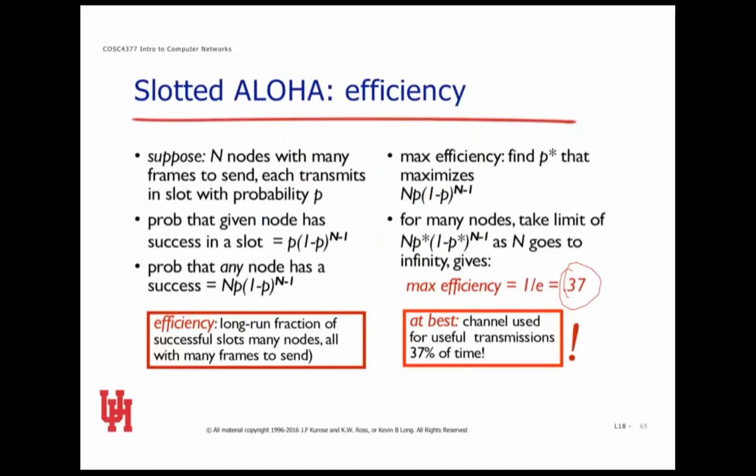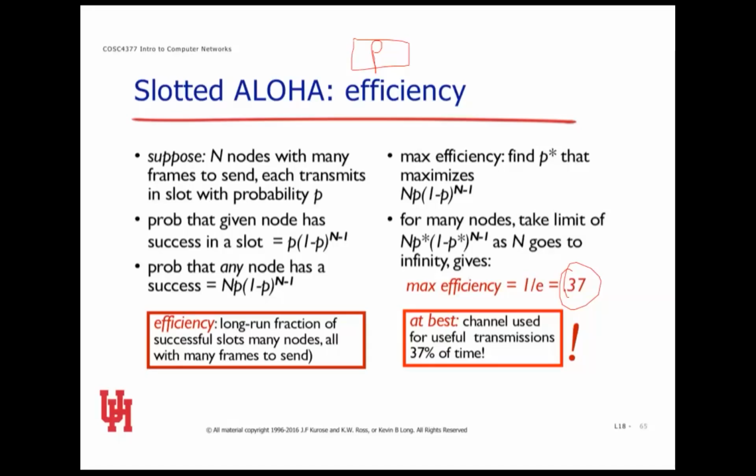And the way you calculate whether you're going to be successful is you figure out the probability that you're going to have success when you need to transmit at a certain slot. So let's say P is your probability that you are going to transmit in a certain slot. Okay, so you've picked your slot, and now what you want to know is, since my probability told me I'm picking this slot, what are the odds that somebody else is going to pick the same one?